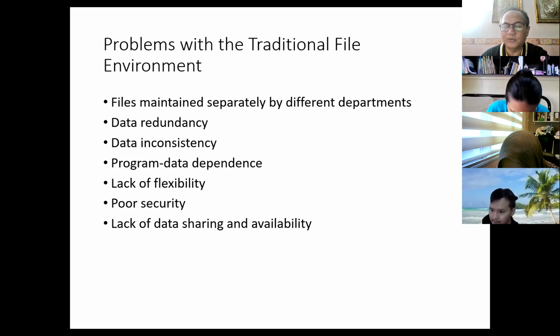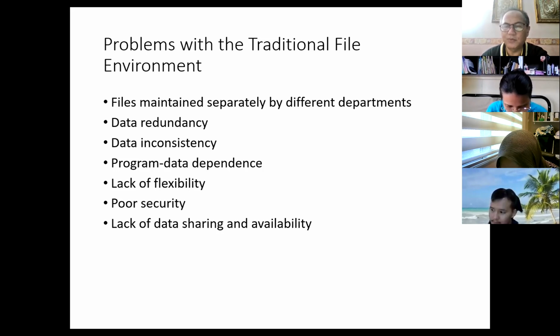And then there is also program data dependence, because the systems used by each department are different. Different systems have different requirements for the data. So the data is dependent on the program.